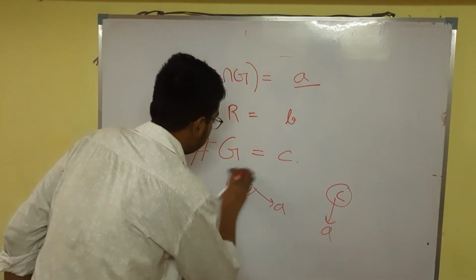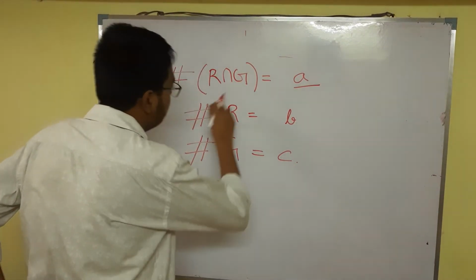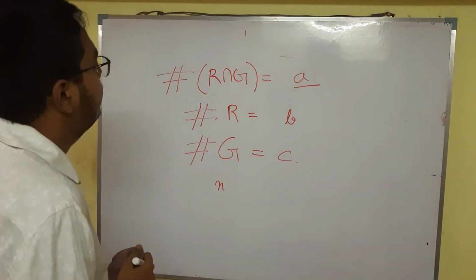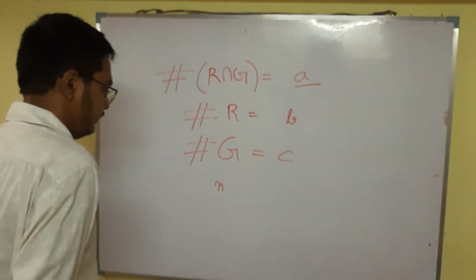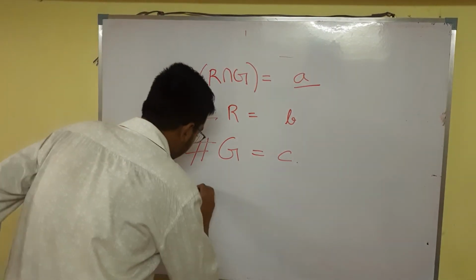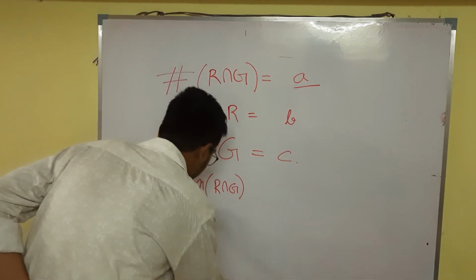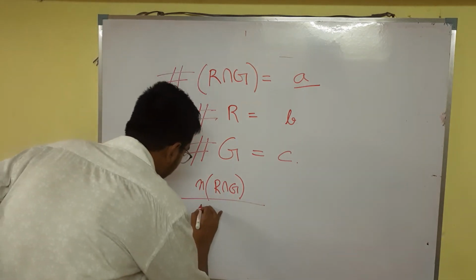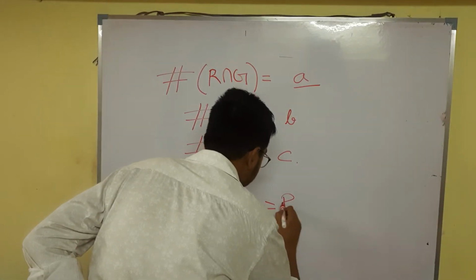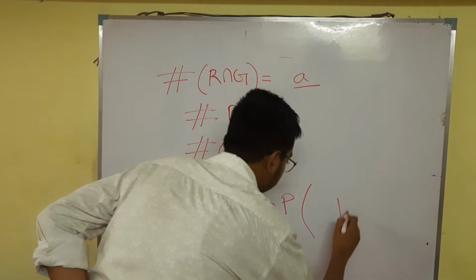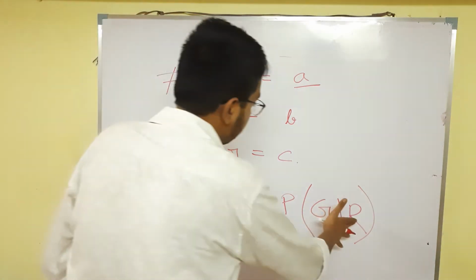So the number of red and green together is A, the number of red chocolates is B, and the number of green chocolates is C. The ratio of these would be considered as the probability of G given R.